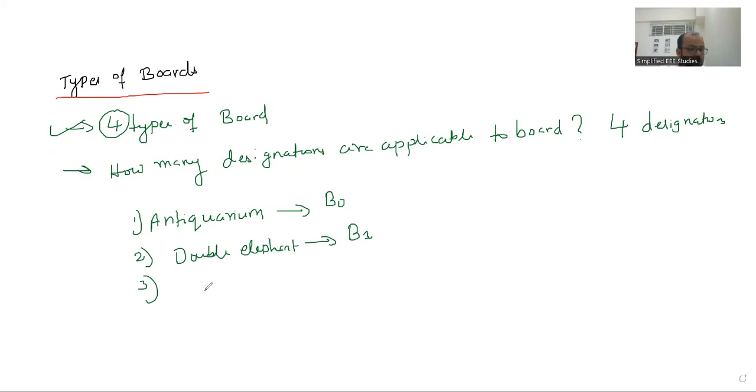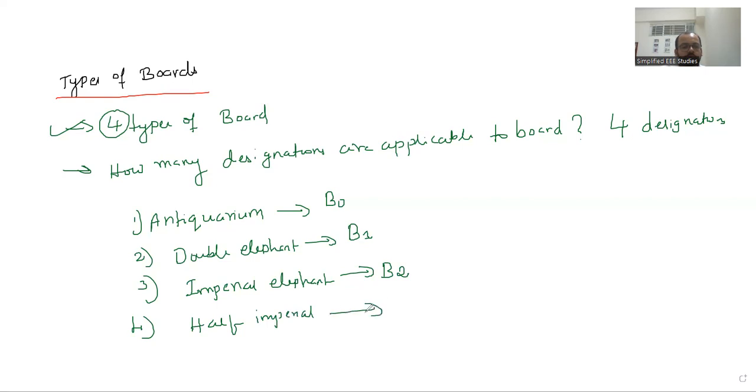The third one is imperial elephant, denoted by B subscript 2, B2. The fourth one is the half imperial type board, which we denote B3. So these are the different types of designation.